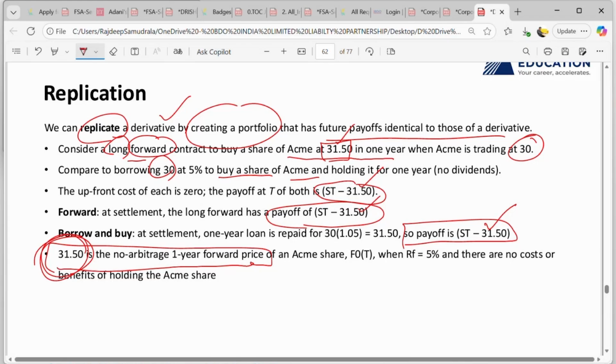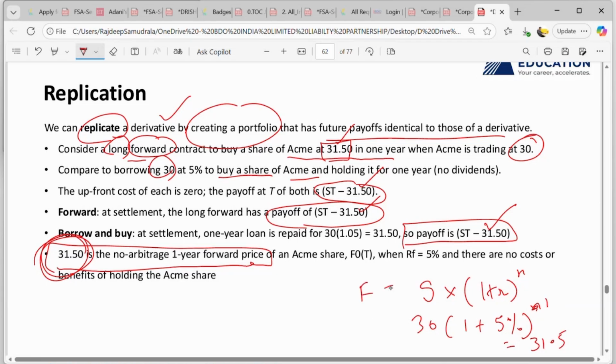So I call this the no arbitrage 1 year forward price. Clear? And how do you get it? Same like yesterday's formula, spot into (1 plus R) raised to n. If you do the maths, 30 into (1 plus 5%) raised to 1 comes to 31.5.